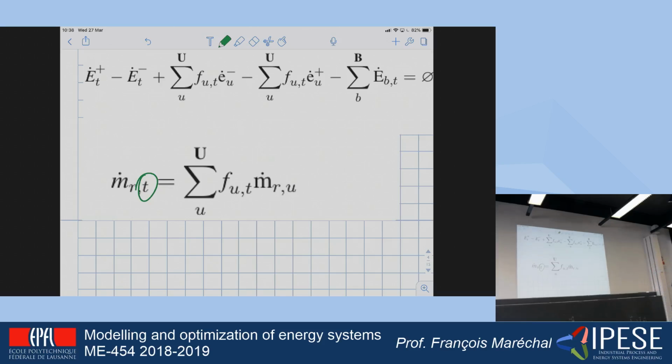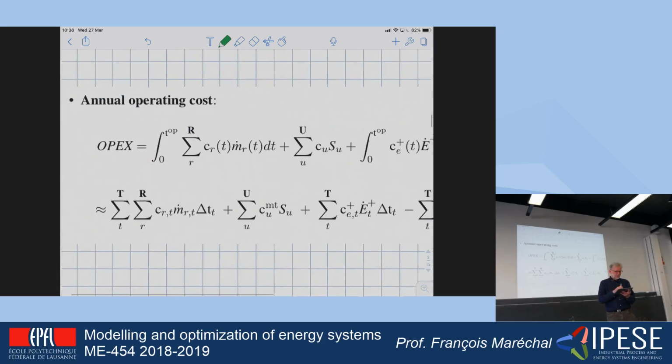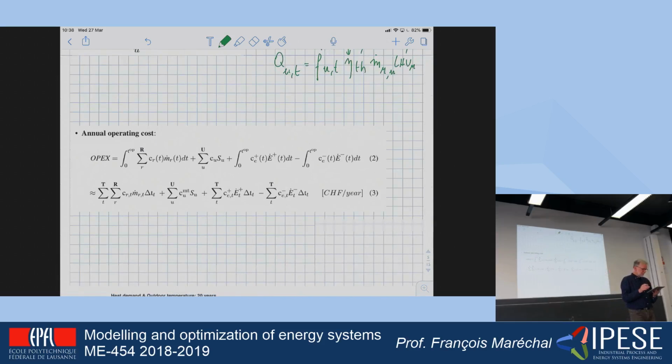And if I want to know now how much I have to pay for operating the system over 1 year, then I will have to define the integral of the amount of energy that I'm going to spend over 1 year.